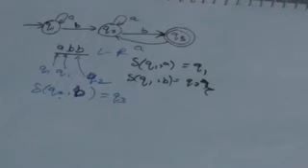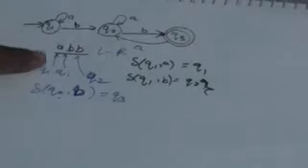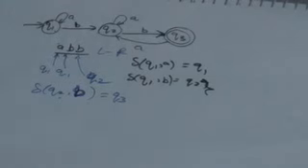Now one more thing which I would like to discuss with you. When a machine reads any string, and after reading that string it comes to the final state, then that string is accepted by this automata.